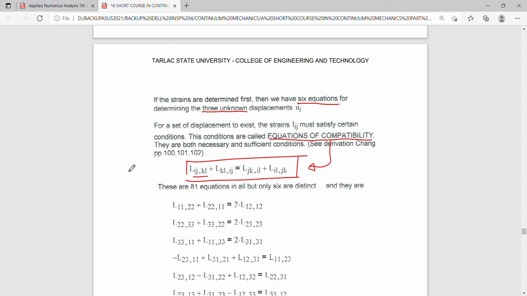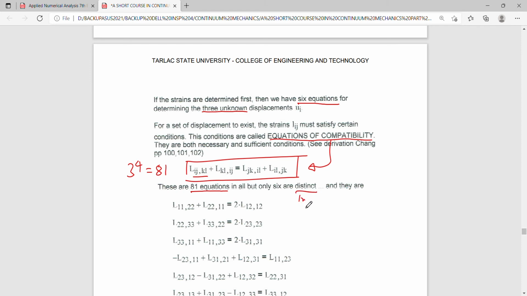Okay, so you expect now 3 to the 4, 81 components. So you have 81 components, or simply 81 equations in this particular expression here. Okay, so they are all consistent. Okay, so you have an IJKL index. But for these 81 equations, only 6 are distinct or independent.